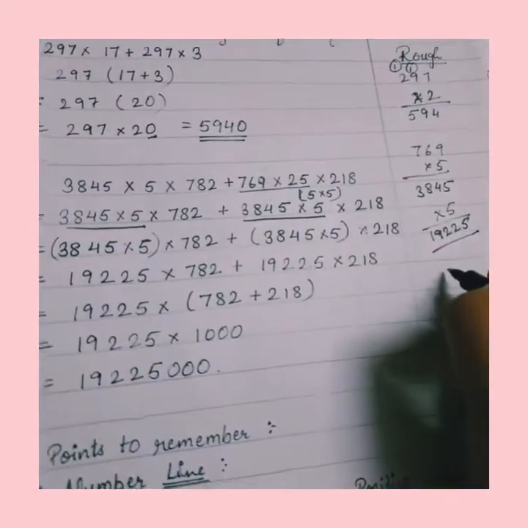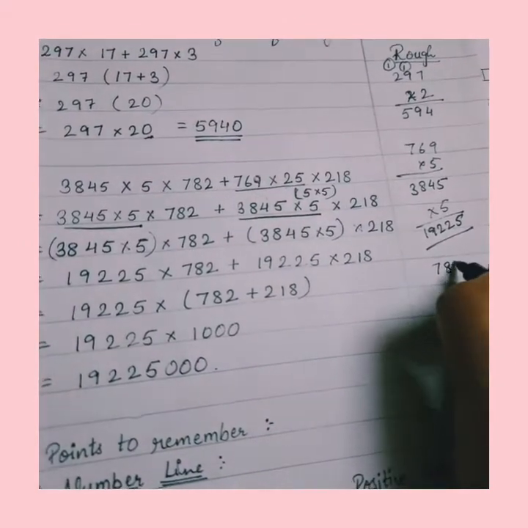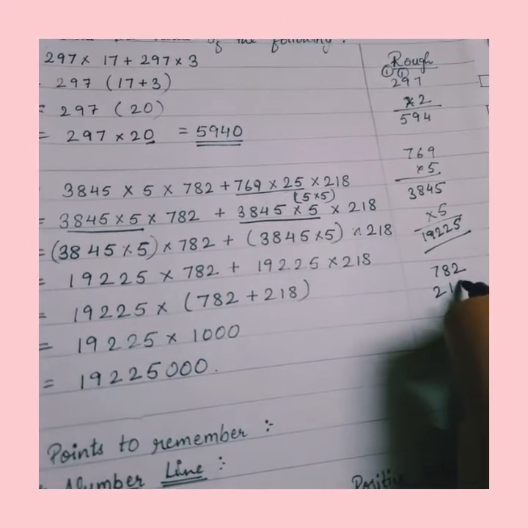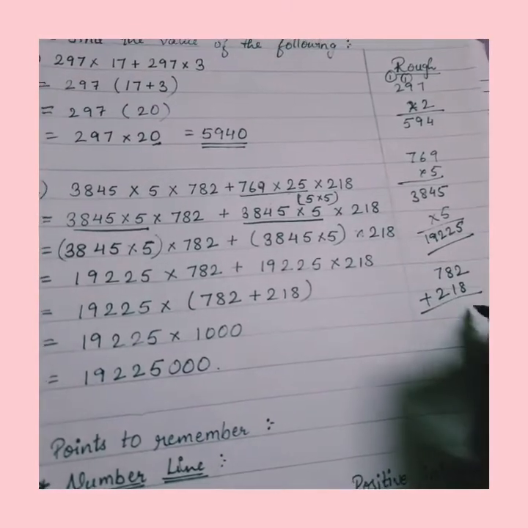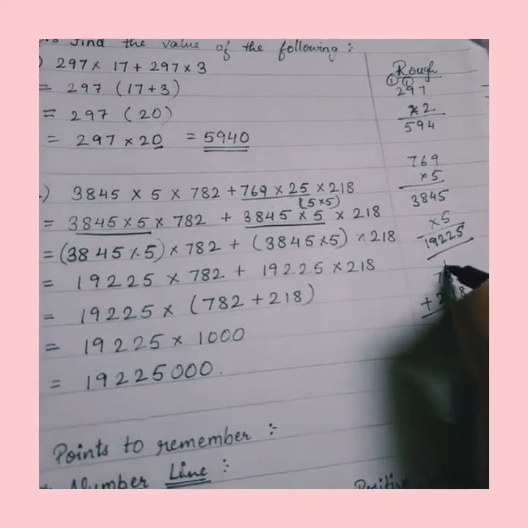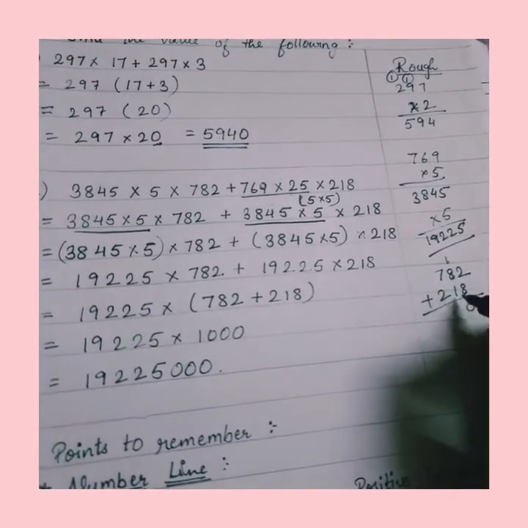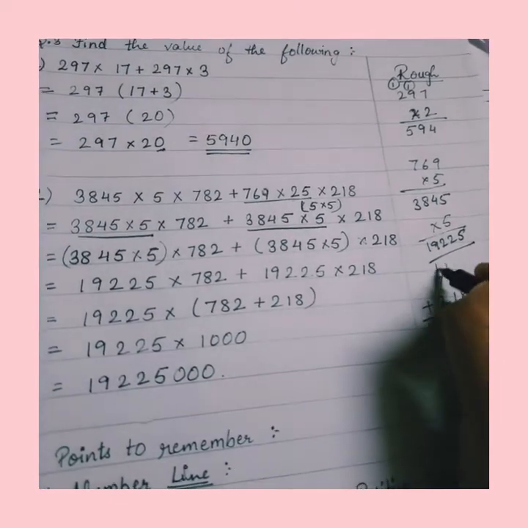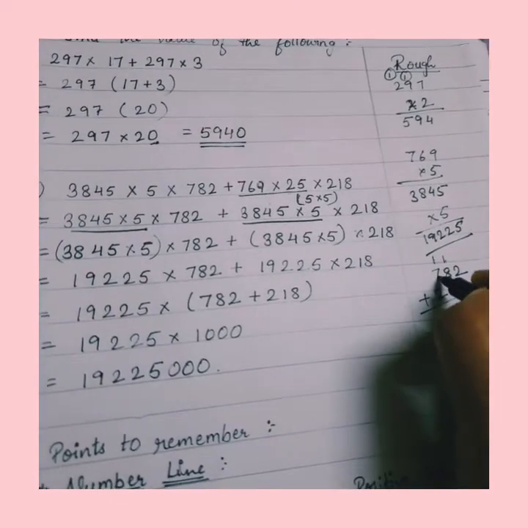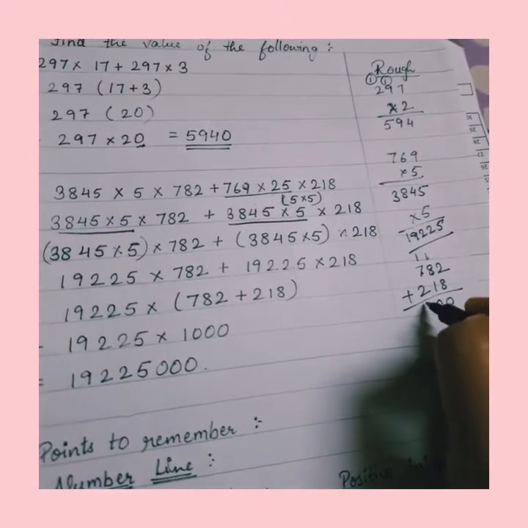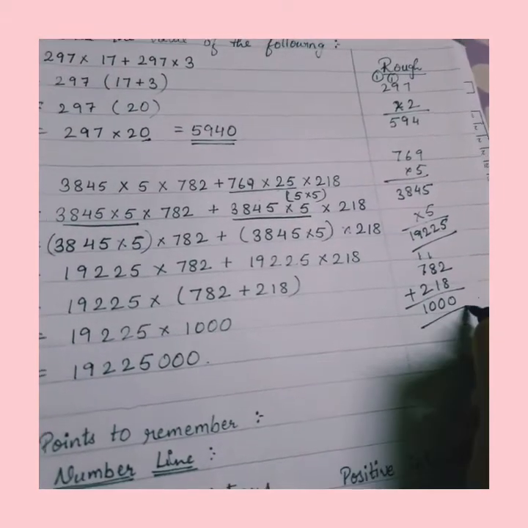Okay, so we can check it. 782 plus 218: 2 plus 8, 10, 0, 1 carry; 1 plus 8, 9, plus 1, 10, 0, again 1 carry; 1 plus 7, 8, plus 2, 10. So 1000 I am getting here.